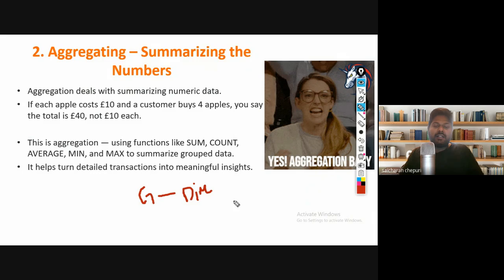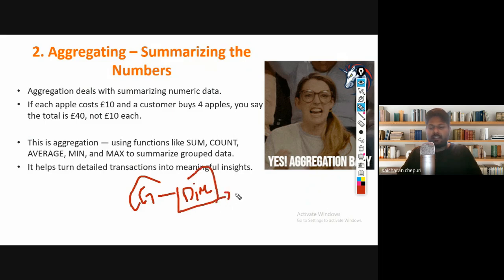Now, if you want to learn what dimensions and measures are, and what the different types of measures and dimensions we have in data analytics are, you're always welcome to go back to my previous videos, where I have explained in depth what they are and how they are useful in real time in data analytics. So to understand more about dimensions and measures, you have to watch my videos. So in grouping, we are going to group with dimensions.